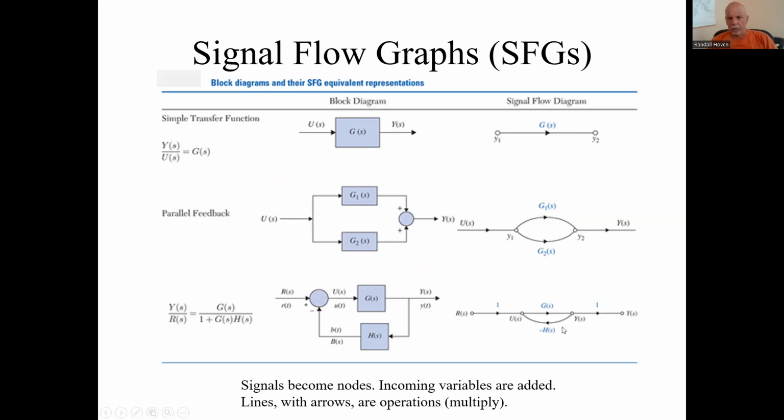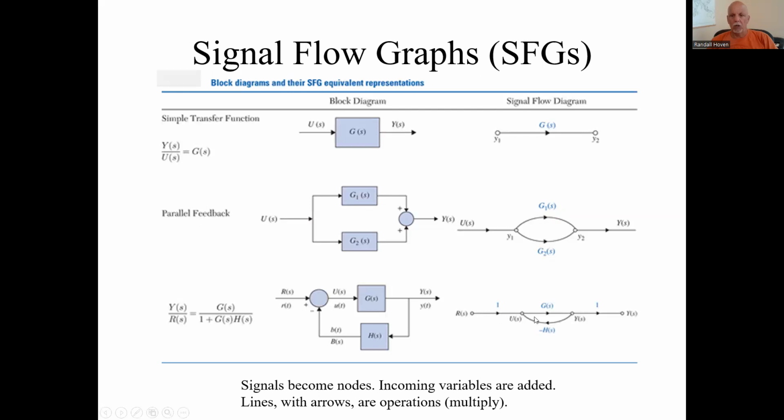Let's look at another one. Here we have a feedback path. We have a signal here, R, then a U, then a big Y. You go from Y to Y by just multiplying by 1 here. See this U here?